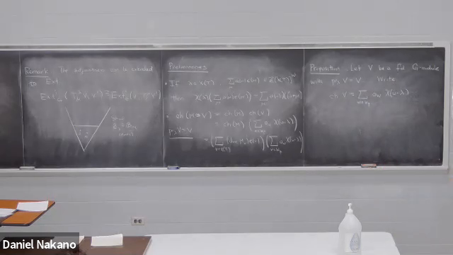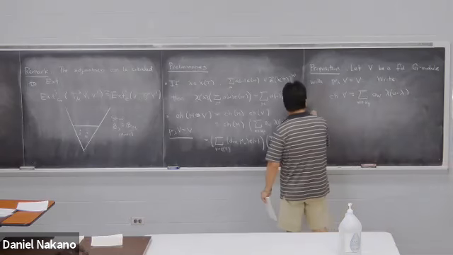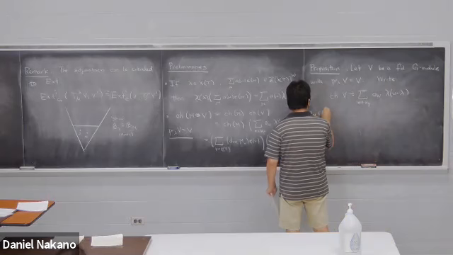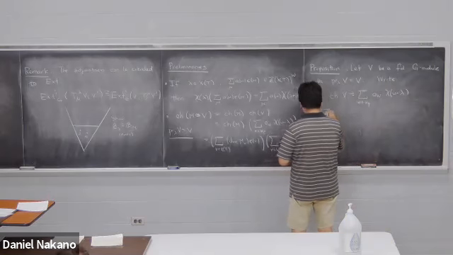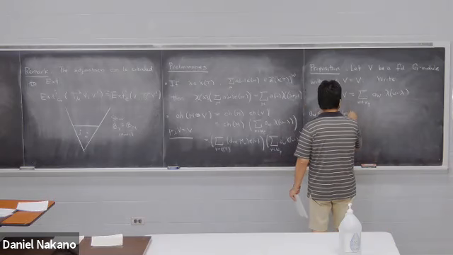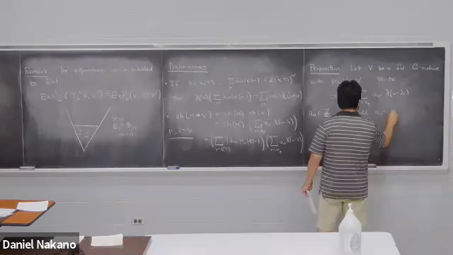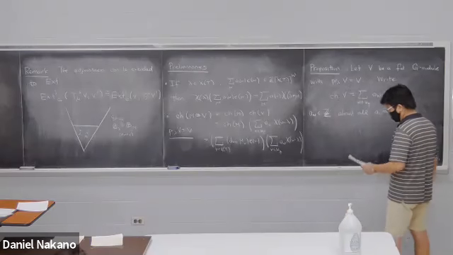Let's be careful. So what do we know? We know that AW is a positive integer, and almost all AWs are zero.